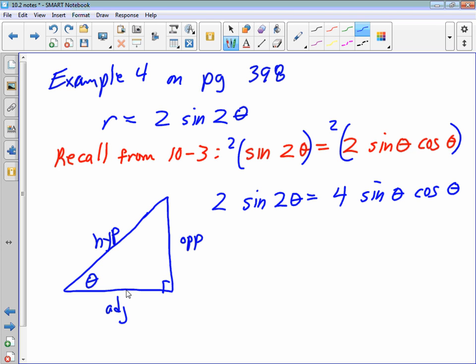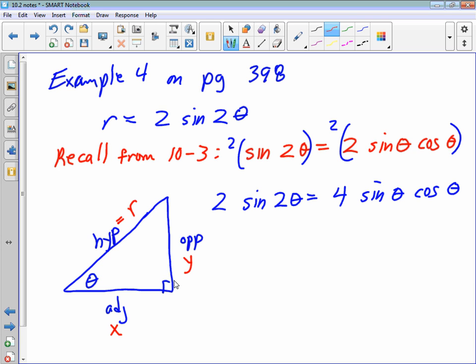Okay, so we're going to change that just a little bit now. We're going to say the hypotenuse, we're going to call that r for the radius, which is cool, just like on your unit circle. And the opposite side we'll call y, which is cool because it's a vertical line. It's the y direction. It's not that different. And you probably guessed it by now. The adjacent side we'll call x.